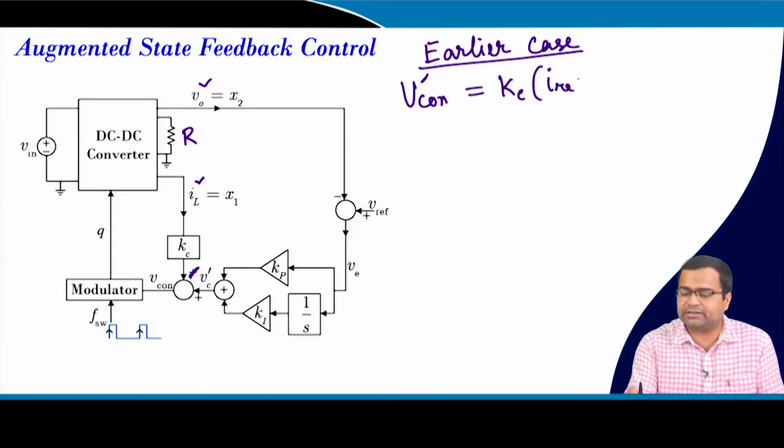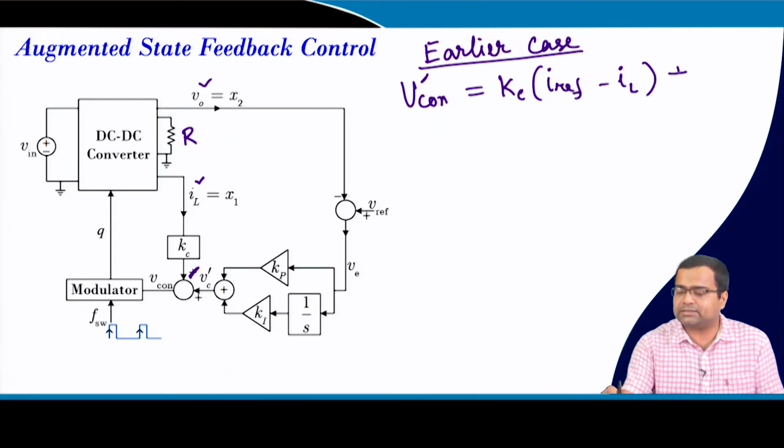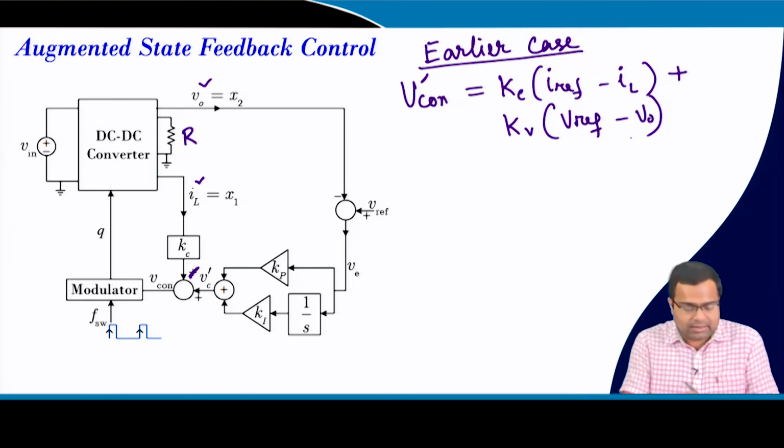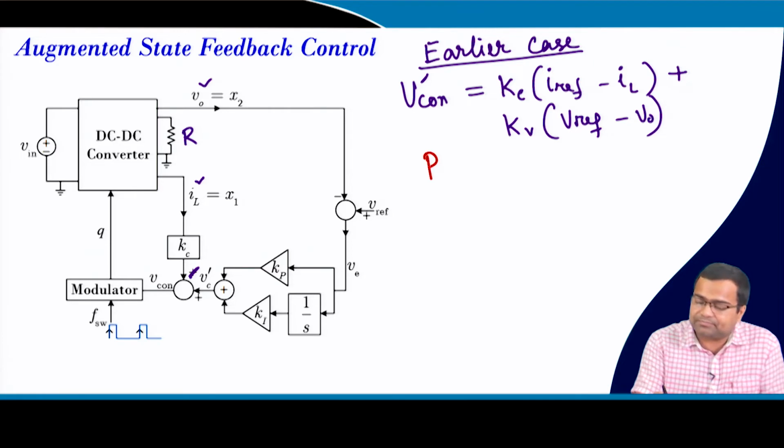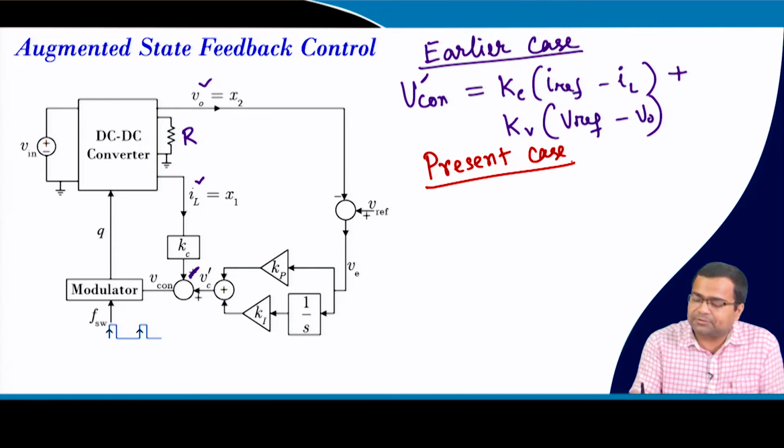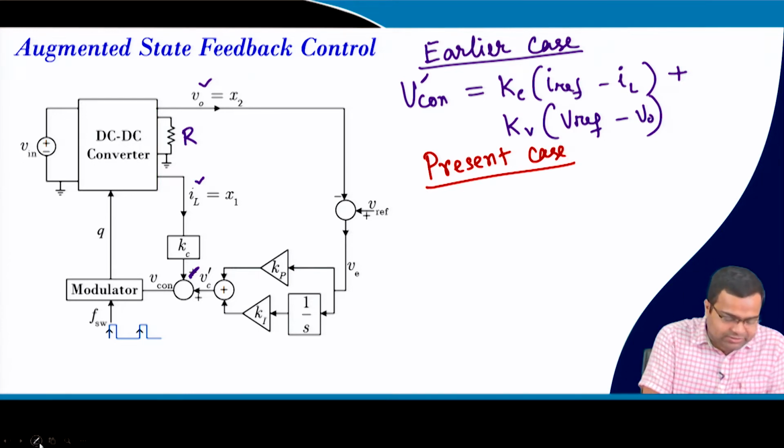There was a reference current minus inductor current, plus we took a voltage loop gain where we consider Vref minus V0. So, this was our earlier, but in our present case, if we look at this structure, what is there?